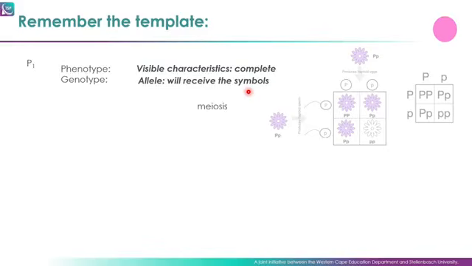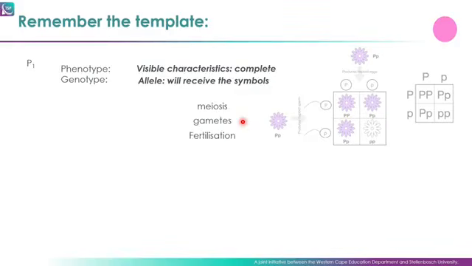After that, you write down meiosis, and then you give the gametes. I like to tell my learners, whenever you write the gametes, you draw a little circle around each gamete so that you will remember to write them separately and not all together, because you will lose marks.